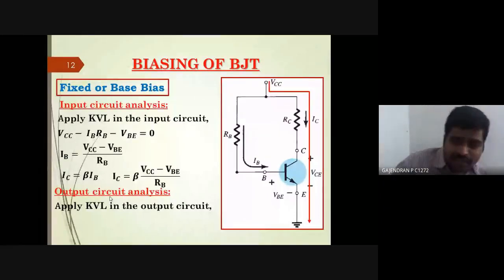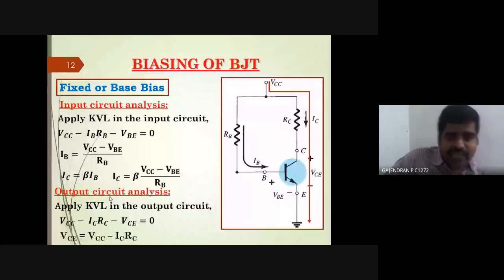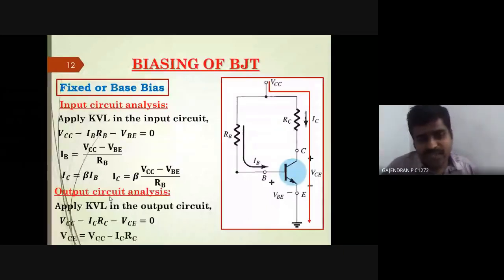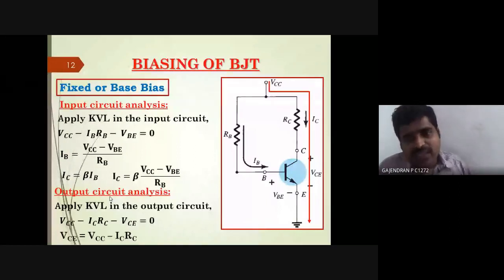If I rearrange the equation, I will get this. Is it clear to everyone? Please note down. So simple KVL, if you remember, these analyses are nothing. Only the circuits differ. But concept wise, the KVL and Ohm's law won't change.